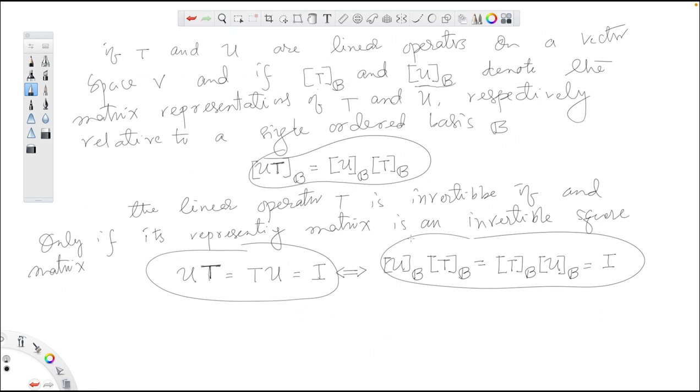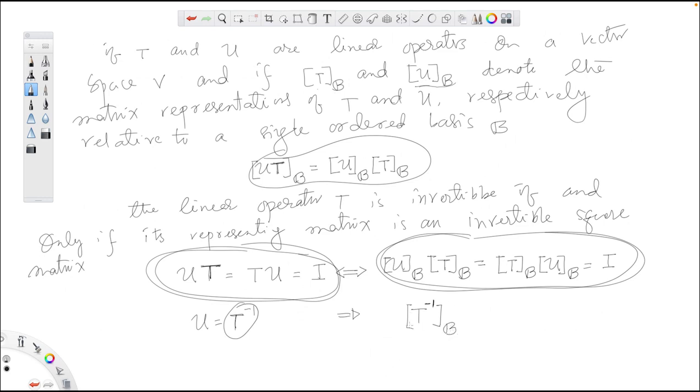Okay, so when this happens, we say that U is the inverse of the linear operator T on the vector space V. Okay, and then this immediately implies that the matrix representing the linear operator T inverse is going to be represented by this matrix.